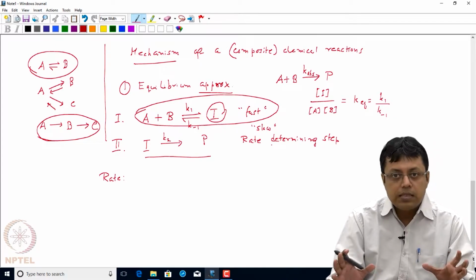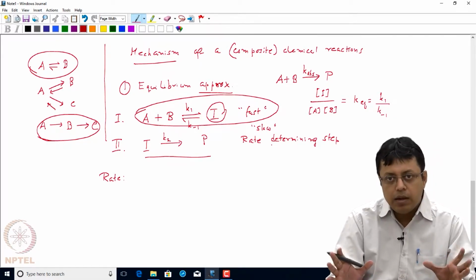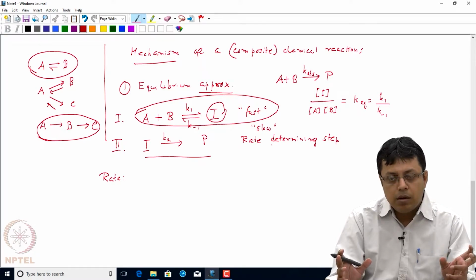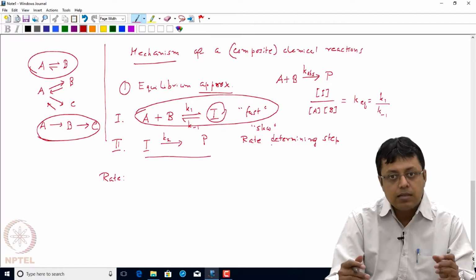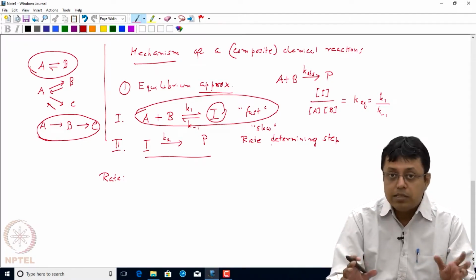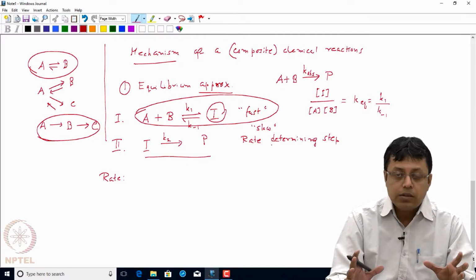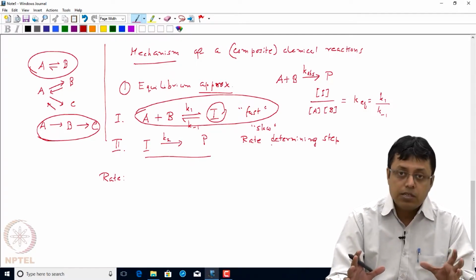Now this is realized in many day-to-day phenomena. For example, if you have a highway and there are different lanes and cars are going through the lanes at different speeds, you will see the overall speed is actually dependent on the speed of that lane where the cars are moving with the slowest speed.